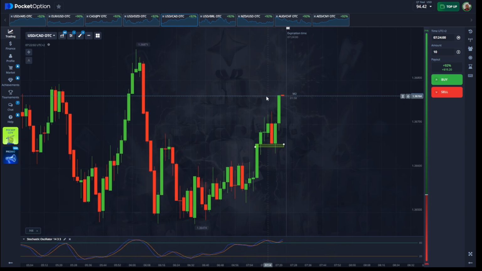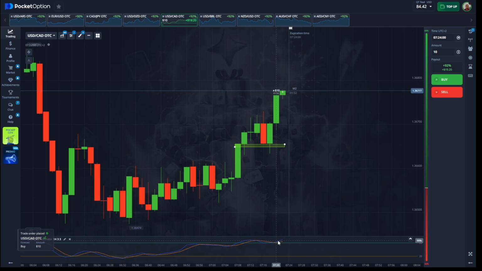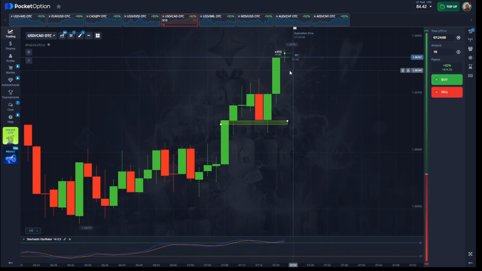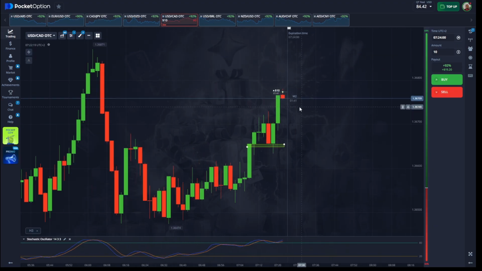All right, so you can see there's a massive rejection, and stochastic is facing up already. Massive rejection, and there's a push upward. So let's see how it goes.